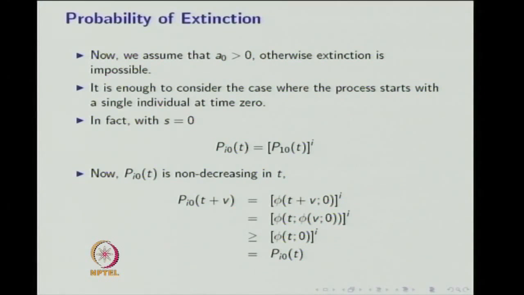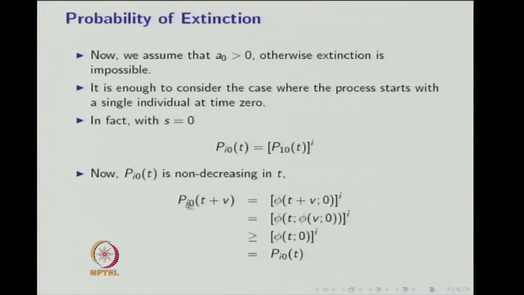With s equal to 0, you will get P_{i,0}(t), that is nothing but P_{1,0}(t) to the power i, in the probability generating function of P_{ij}(t). Now we will prove that P_{i0}(t) is non-decreasing in t.